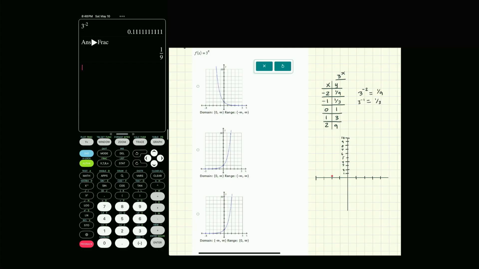So maybe there. -1, 1/3, slightly higher. 0, 1, 1, 3, 2, and 9. So that gives us an idea of what our graph is doing, something like this.